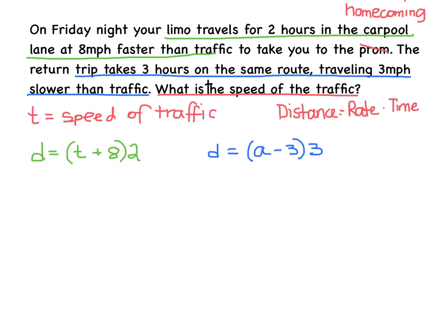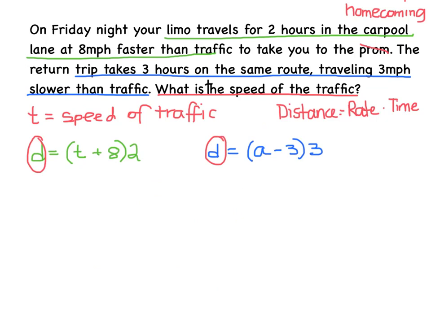So I don't care that these are the same variable in these two equations. This is traveling to the prom, this is traveling from homecoming, excuse me. I have set up my equation. Hope you guys have a nice night. Last but not least, to solve this, notice that both equations are set equal to distance because the distances are equal.